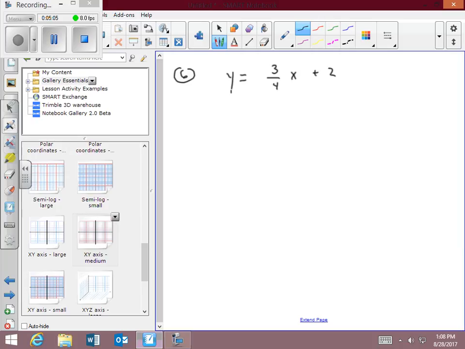Now, when you do this little t-chart, you could choose minus 1, 0, and 1, but a little bit of judicious choice could help you, because if you choose minus 1, you notice the first term is going to be a minus 3/4, and you'll have to subtract that from 2, and then you're going to get 1 1/4, which is 5/4.